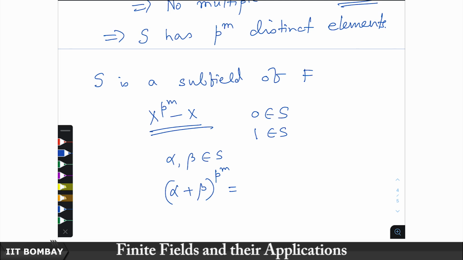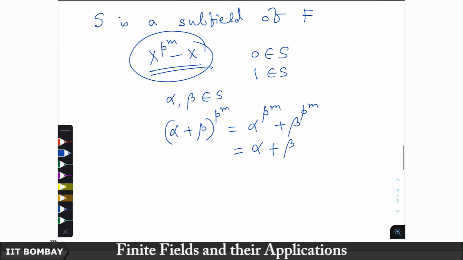So, alpha plus beta to the power p power m is equal to alpha power p power m plus beta power p power m, and because alpha is a root of this, alpha power p power m is the same as alpha and beta power p power m is the same as beta, and this shows that this is also a root of x power p power m minus x.